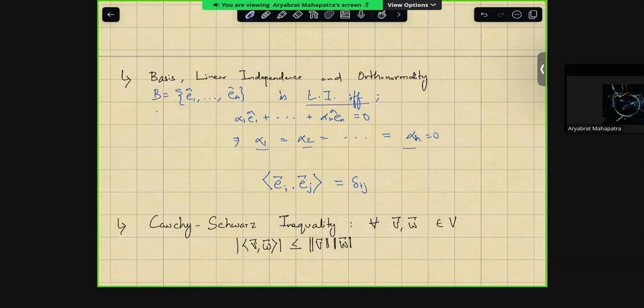Then that defines your basis. If each individual alpha, alpha 1, alpha 2, and so on, going to zero is the direct implication, then E1, E2, E3, up to En are linearly independent.